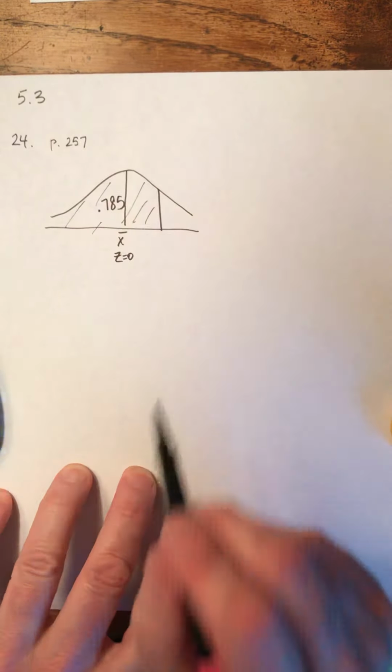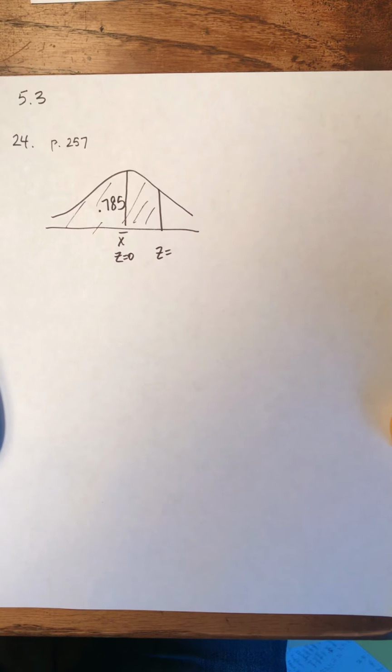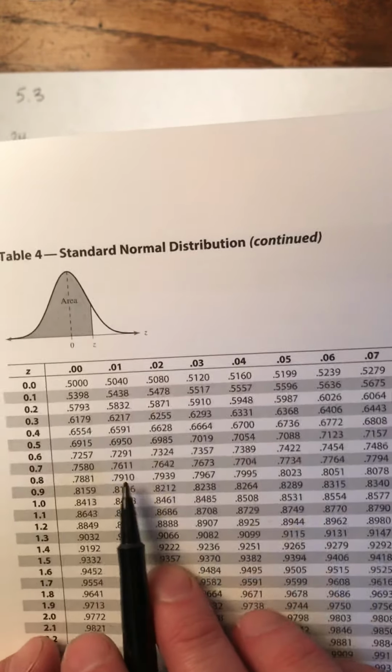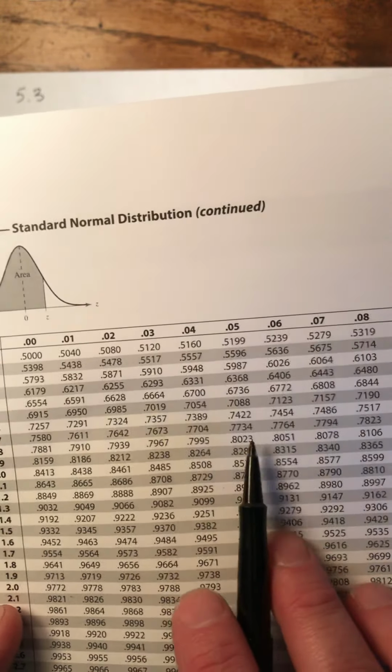If we want to find the z-score that belongs to that area, we'd have to look for the 0.785, but not on the z-score side over here. We want to look at it in the body of the table. We want to find the number that's closest to 0.785 in here. And I'm getting closer and closer.